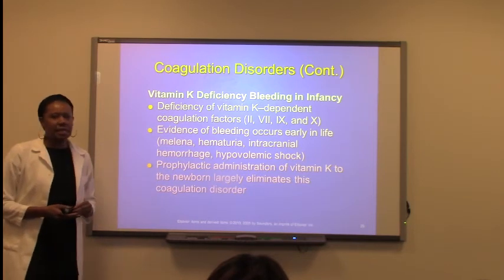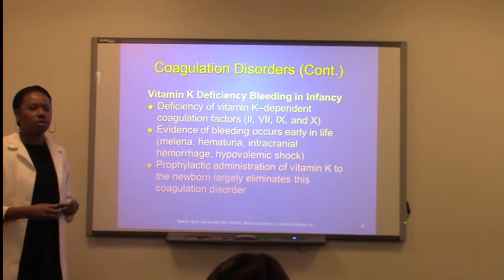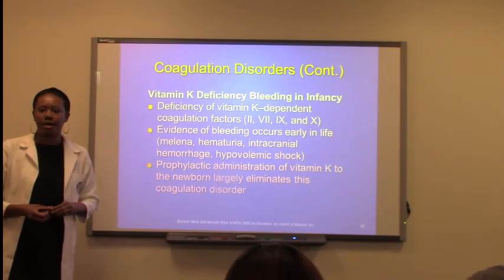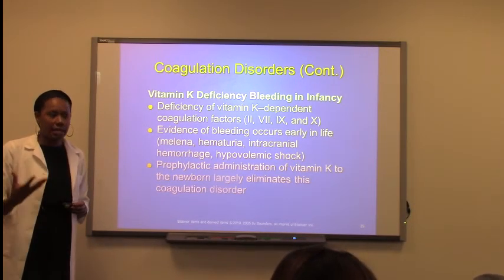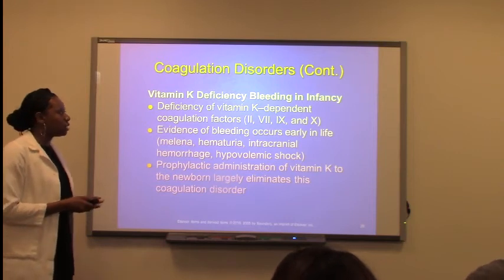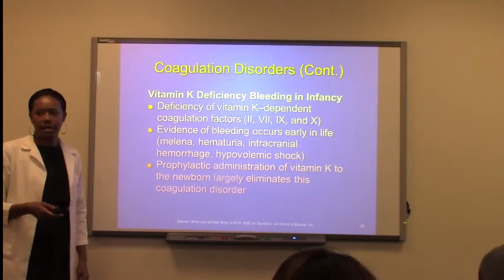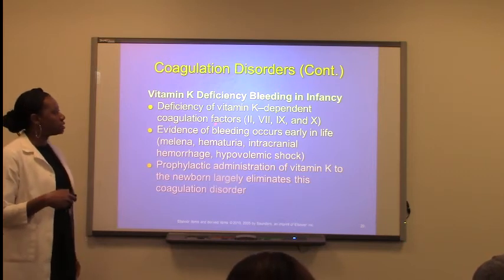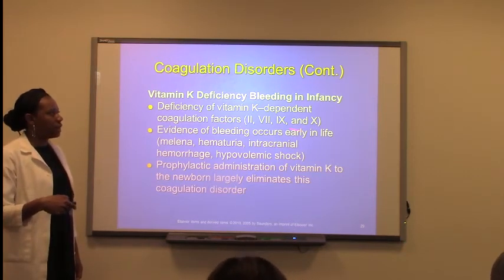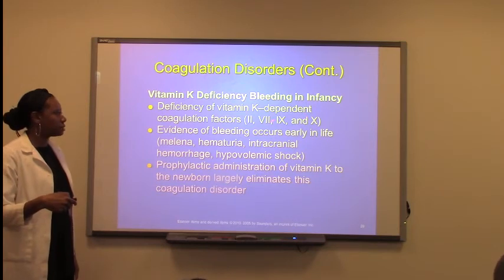Now vitamin K. Vitamin K deficiency, we already know which clotting factors are made from vitamin K synthesis. So we know that there are some clotting factors that are vitamin K dependent. If a person is vitamin K deficient, they are not going to be able to release those particular factors.